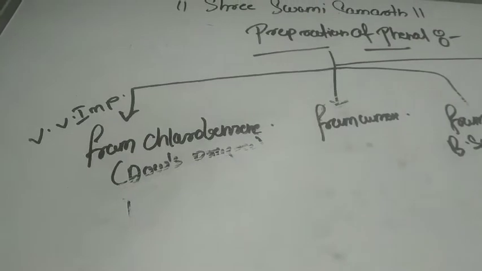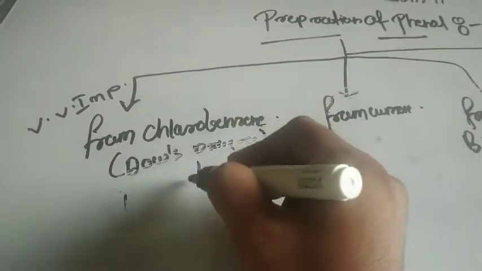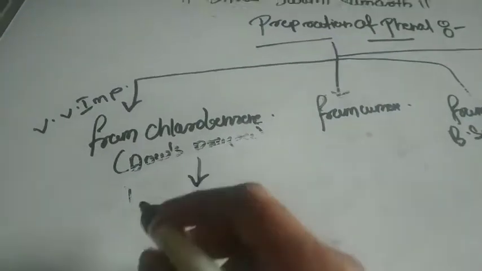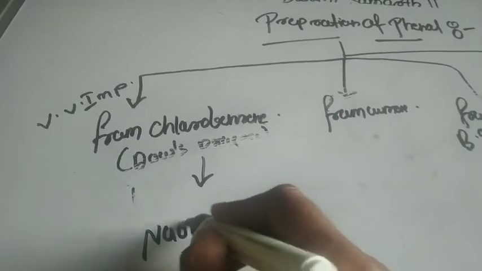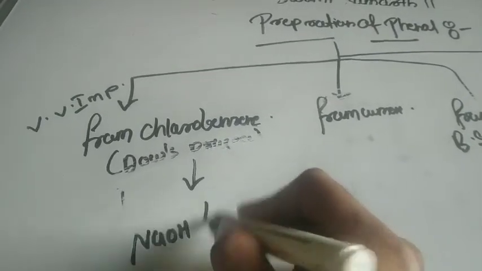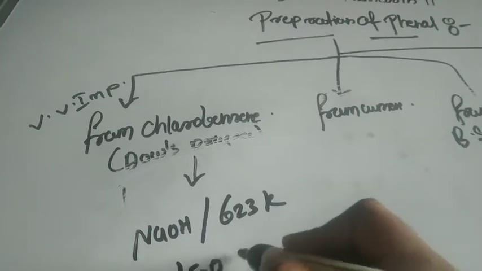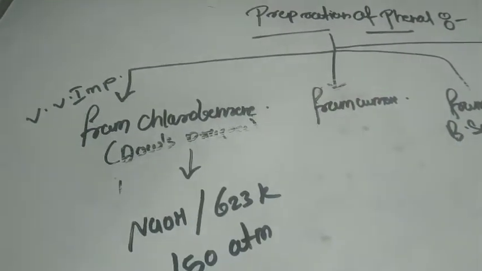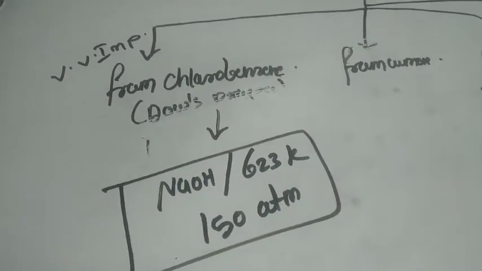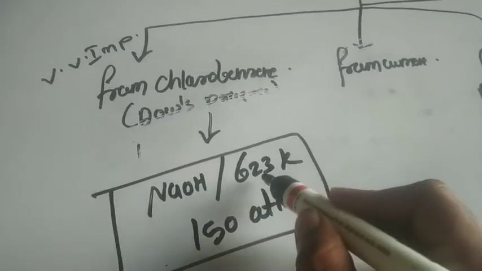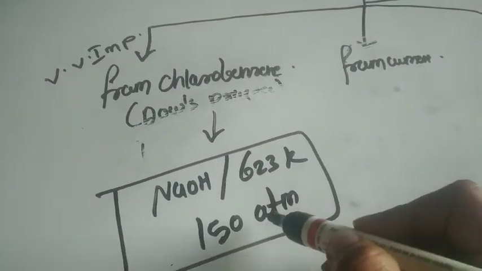So let's look at the conditions for the reaction. That is why I am writing all the conditions separately. In this reaction from chlorobenzene, we are using NaOH at 623 Kelvin and 150 atmospheric pressure. This is the condition of the reaction. From chlorobenzene: NaOH, alkali, 623 Kelvin, 150 atmospheric pressure.